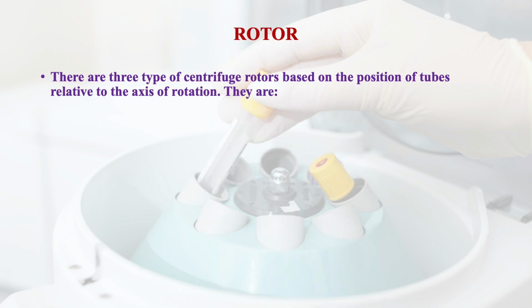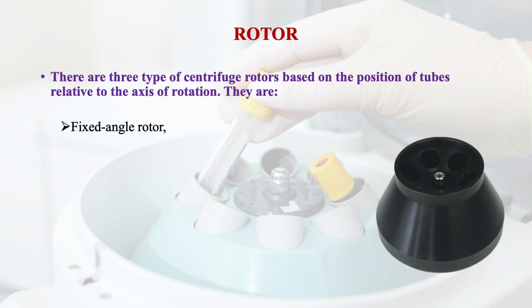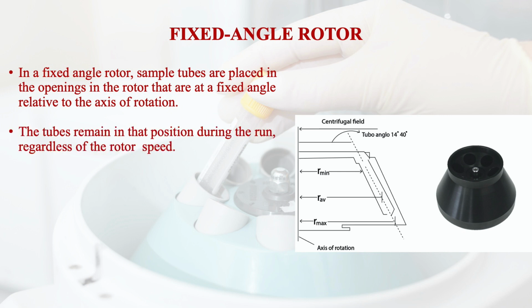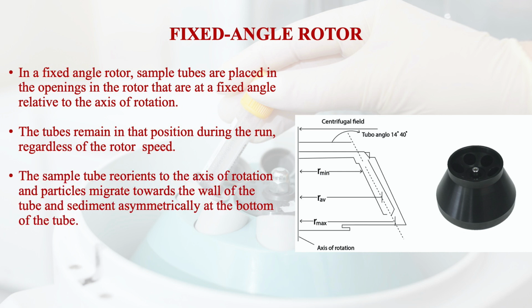There are three types of rotor used in the centrifugation process, based on the position of the tubes relative to the axis of rotation: the fixed angle rotor, swing bucket rotor, and vertical rotor. In the fixed angle rotor, the sample tubes are placed in openings at a fixed angle of 14 to 40 degrees to the axis of rotation, and the tubes remain in that position during centrifugation.